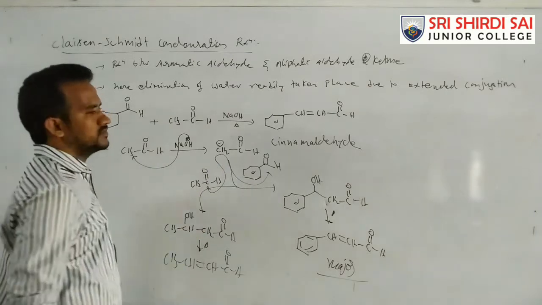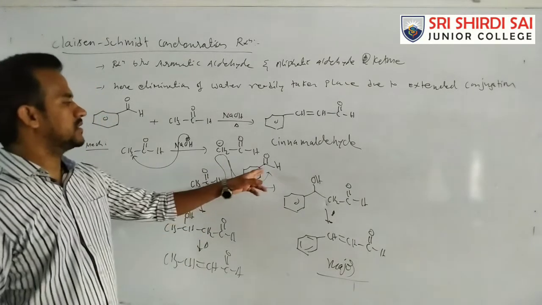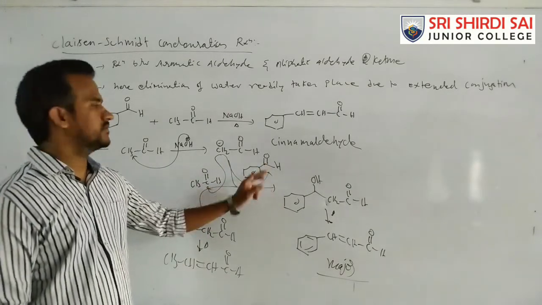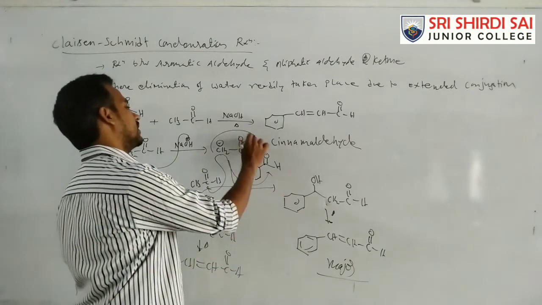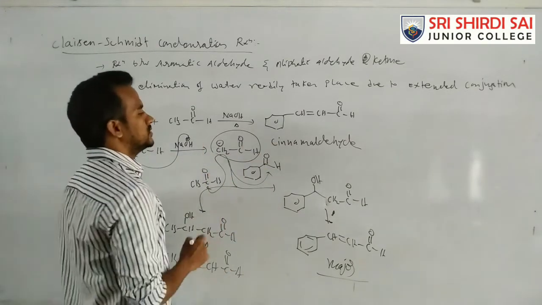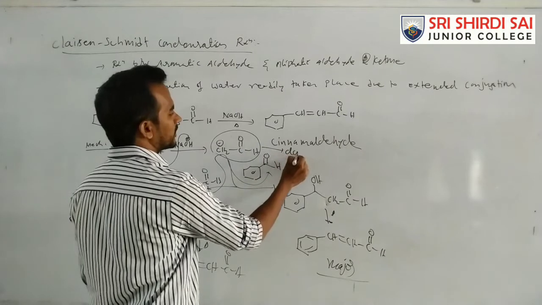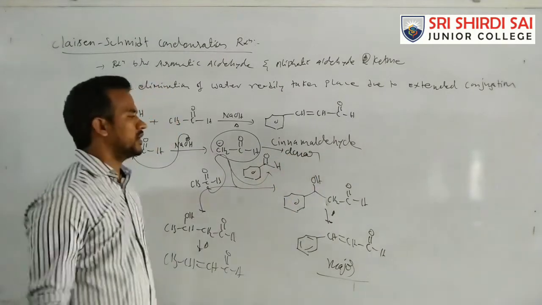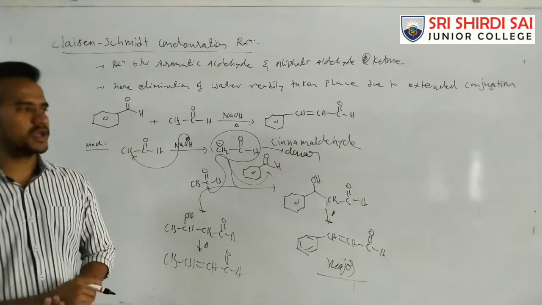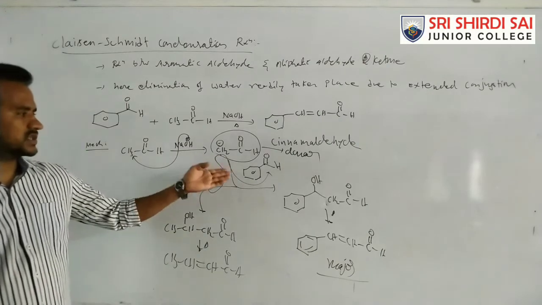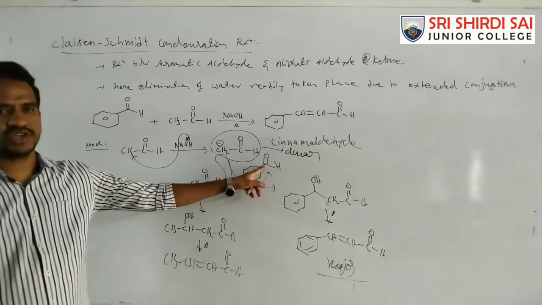Generally, the carbanion which attacks the other carbonyl molecule is known as the donor. It donates electrons to the positively charged carbon.